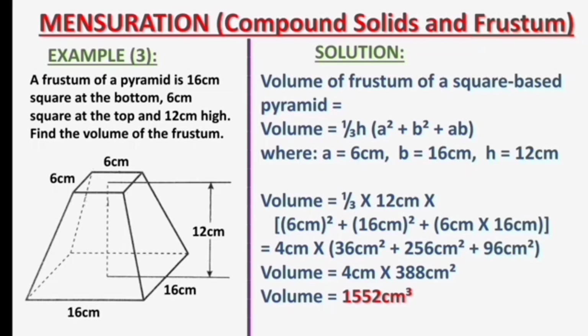Here, h is 12 centimeters representing the perpendicular height, a is 6 centimeters representing the side of the small square, while b is 16 centimeters representing the side of the big square. When you substitute your values into the formula and you calculate, the volume of the frustum of the square-based pyramid is 1,552 centimeters cube. I hope all these solutions are clear to you.